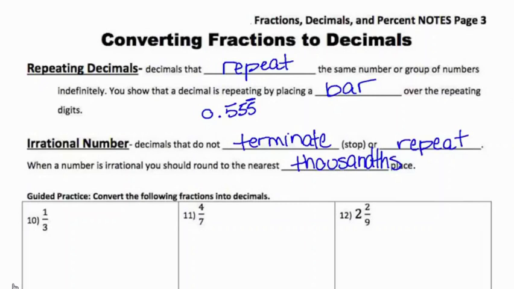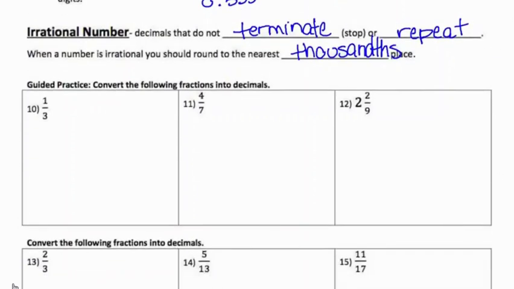So let's look at some guided examples. If we look at number 10, it is 1/3. Remember, top dog goes in the house. 3 does not go into 1, so I get a 0. Add a 0 here. 3 goes into 10 3 times, which gives me 9, because 3 times 3 is 9. 10 minus 9 is 1.